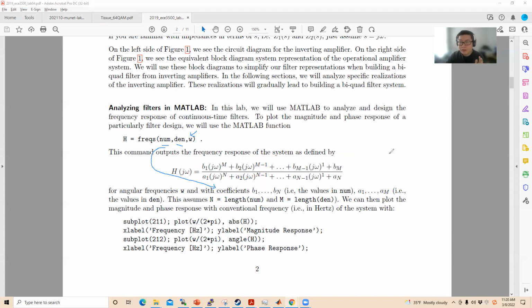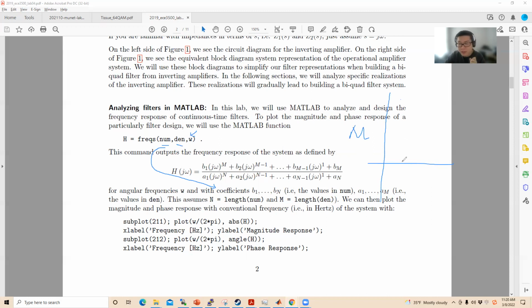If we look into the magnitude response, the y-axis is the magnitude, but the x-axis corresponds to the frequency.